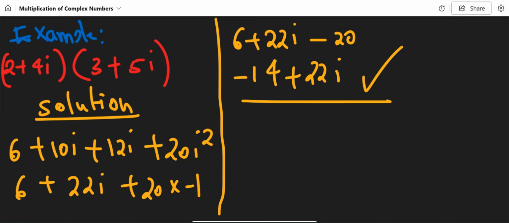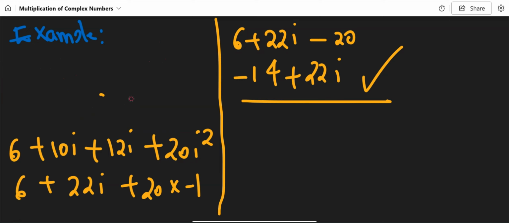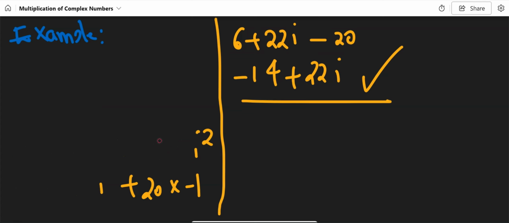Let me do another example, perhaps something with the confusing negatives. Let me do this one. This concept has to stick in your head. So let's see.